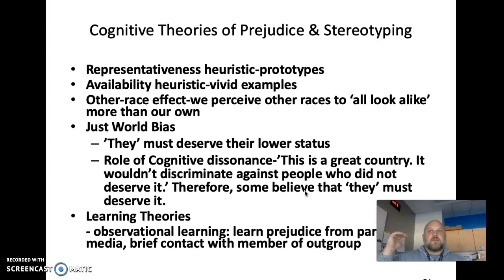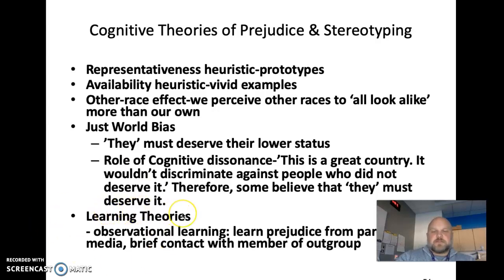So if our thought is this place is great and we don't have discrimination, and you have another thought that doesn't align with that, maybe you would adjust your attitude to say, no, things are great. Because of the cognitive dissonance, you could engage in just world bias or make some kind of internal attribution about that out-group and why they are not doing well.